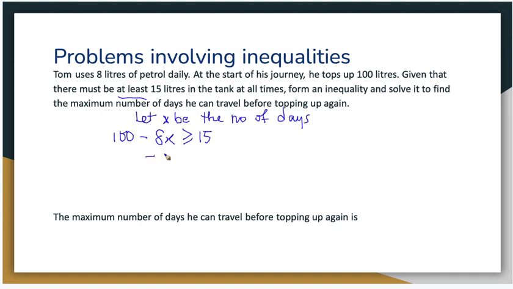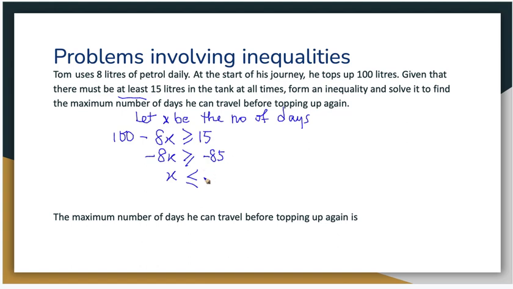Okay, so solving this. 15 minus 100 is negative 85. And now divide by a negative, so we need to reverse the sign.